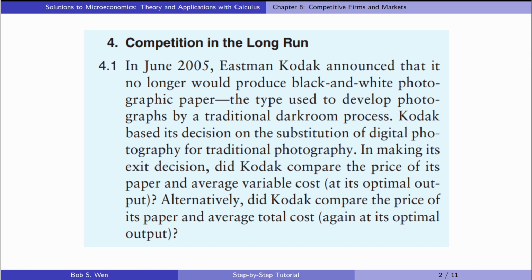Kodak based its decision on the substitution of digital photography for traditional photography. In making its exit decision, did Kodak compare the price of its paper and average variable cost at its optimal output? Alternatively, did Kodak compare the price of its paper and the average total cost?